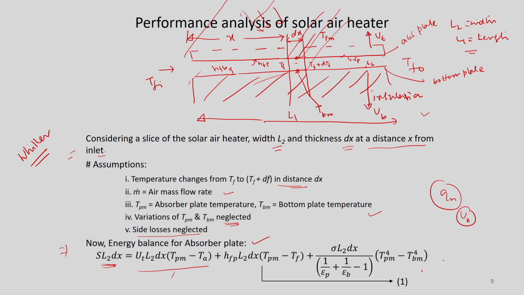So, this radiative exchange will be there in between these two plates, right. So, that way we can develop this energy balance for the absorber plate, okay. So, this is the losses, and this part is the heat transfer from the plate to the fluid, and this last portion is for the radiative exchange between both the plates.